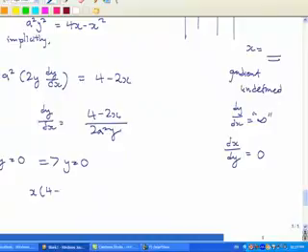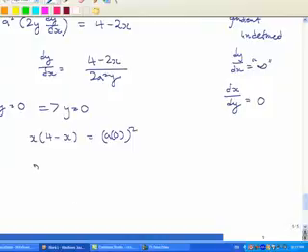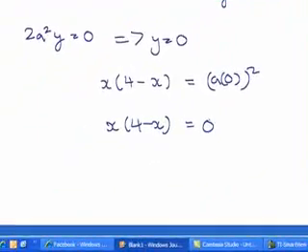And we have x(4 minus x) equals to a squared times 0 squared. This will just mean that x(4 minus x) is equal to 0. Now we have two values: x equals to 0, x equals to 4.